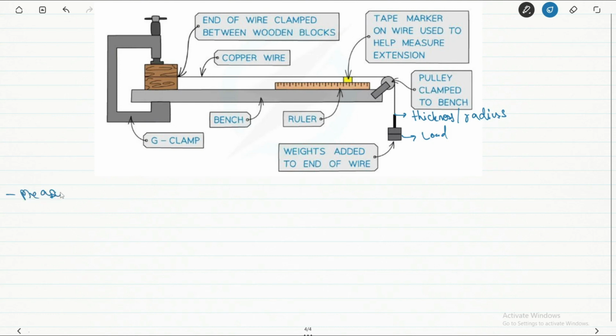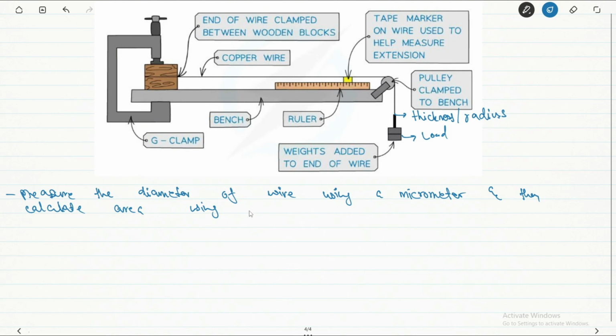Measure the diameter of the wire using a micrometer, and then calculate the area using pi r squared, right?